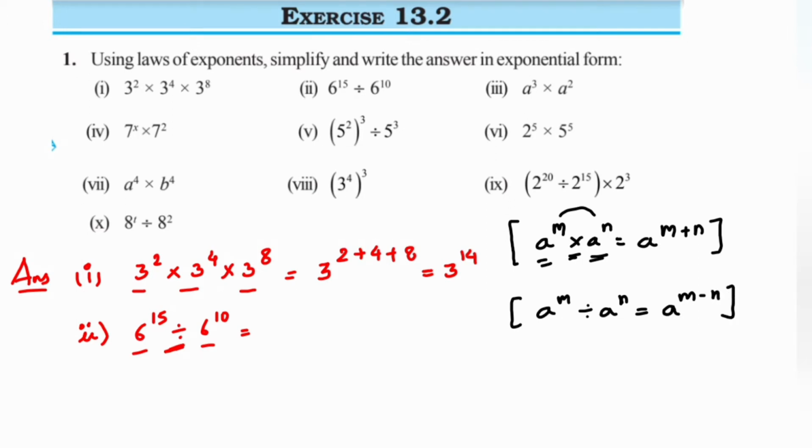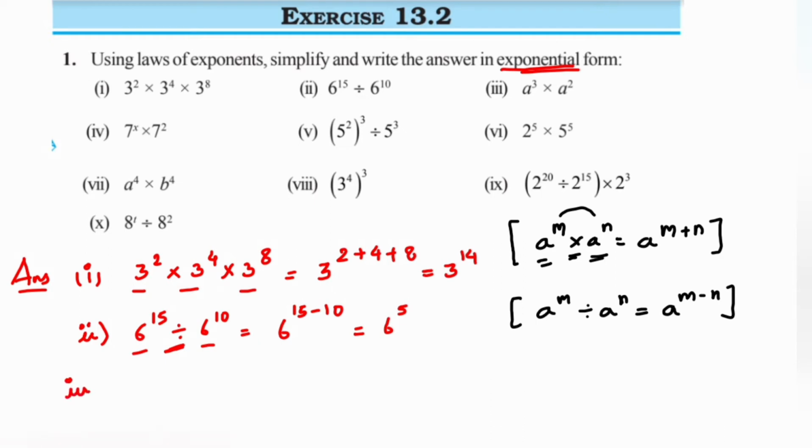So we'll get 6 to the power 15 minus 10, which is equal to 6 to the power 5. We don't have to expand it further. We're going to leave it in exponential form because the question asks for the answer in exponential form.